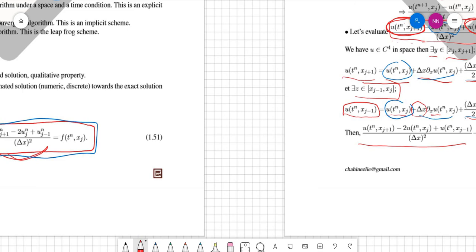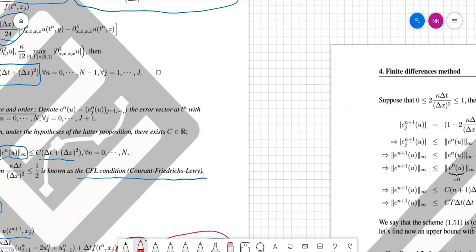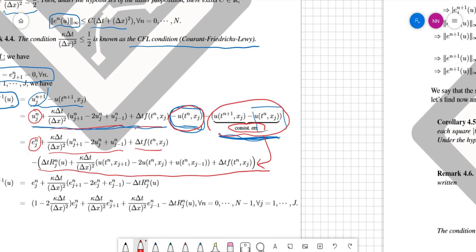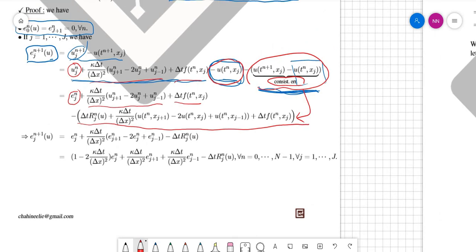Okay, so to continue, now the thing is that when we write everything like this, we will have a lot of errors, a lot of e_n_j. I mean, if you look here, this term minus this one is the error at x equal x_(j+1) and t equal t_n.